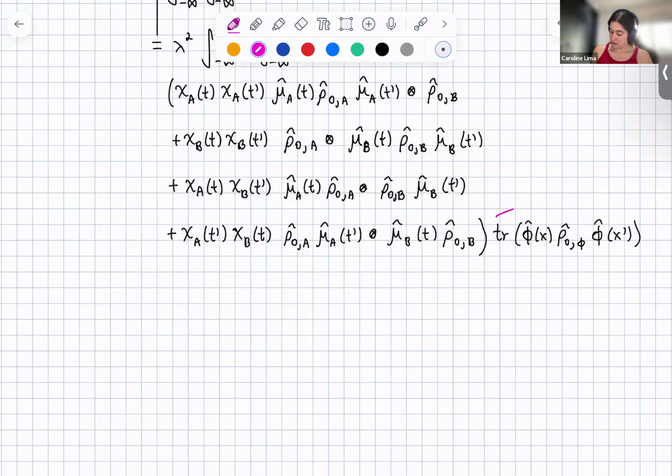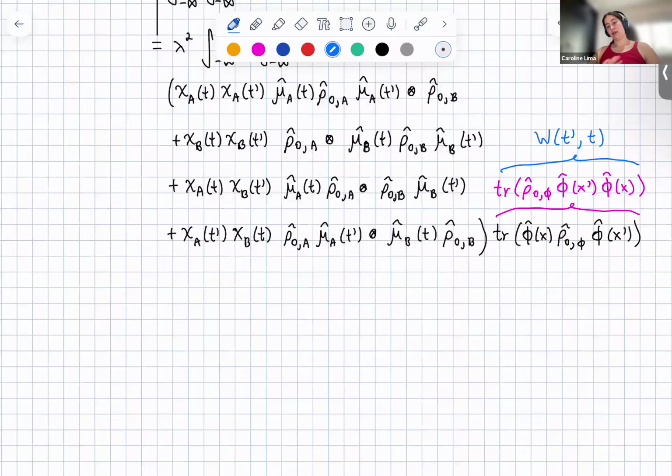And as a reminder, I can just change the order here using cyclicity. So that is just trace of rho 0 phi of x prime times phi of x. And this is the Wightman function, but computed on t prime, t. The order is the opposite of what we generally use.